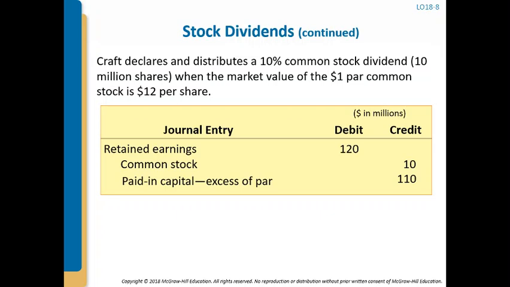Kraft declares and distributes a 10% common stock dividend. That's 10 million shares when the market value of the $1 par common stock is $12 per share.